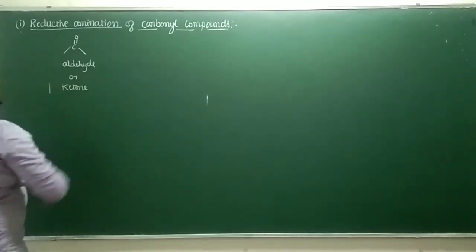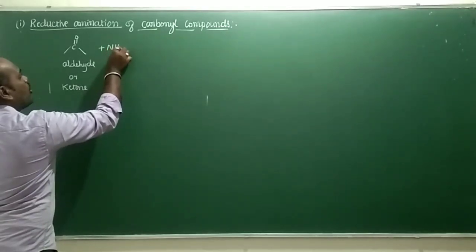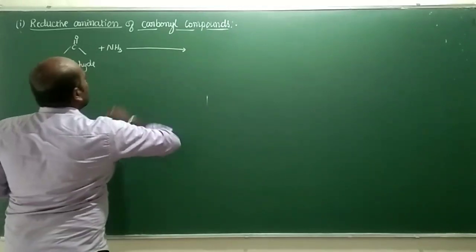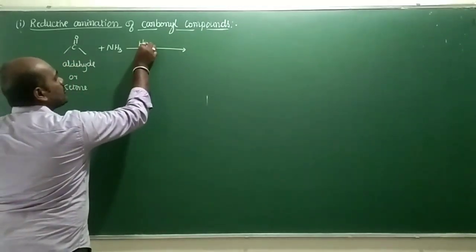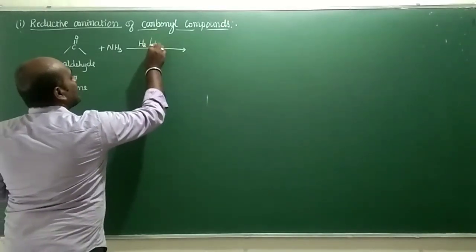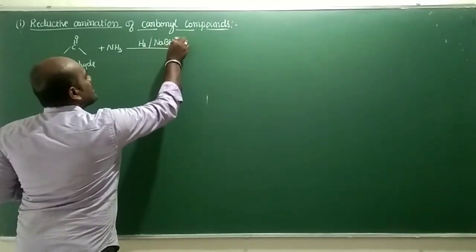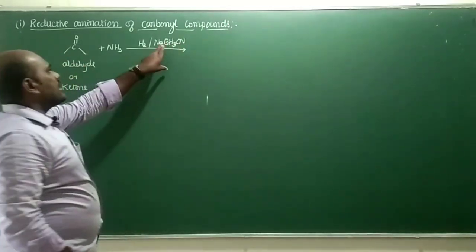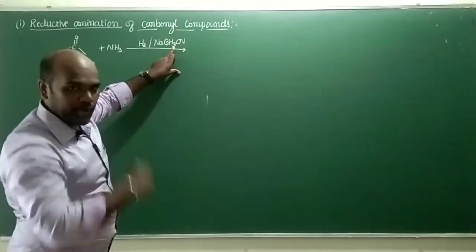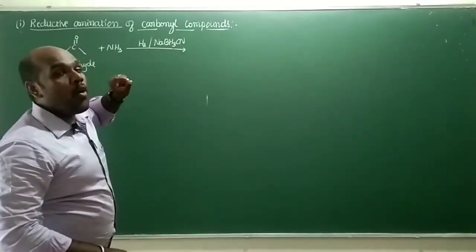So when an aldehyde or ketone is made to react with ammonia, NH3, we need to perform the reduction in presence of the catalyst NaBH3CN. We call this sodium cyanohydridoborate. I repeat, sodium cyanohydridoborate.